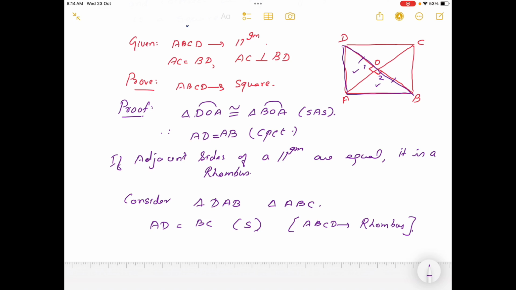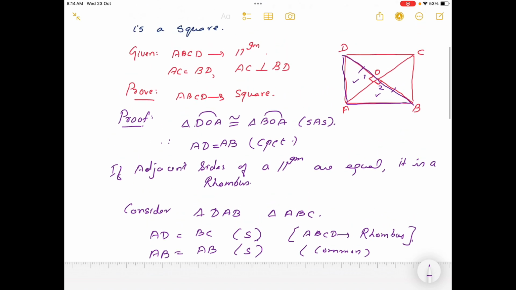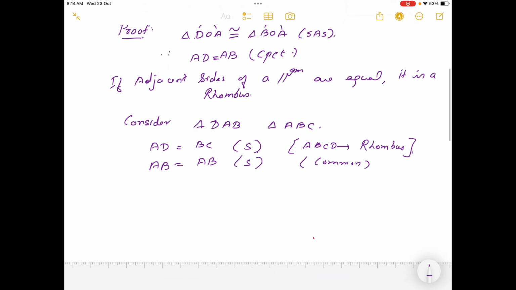And then you have AB equal to AB, common. And then you have BD equal to AC, it is given, the diagonals are equal.